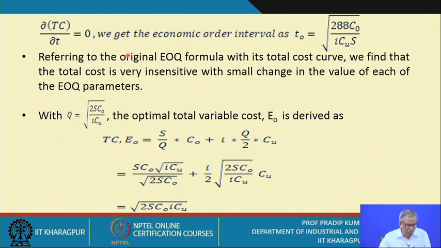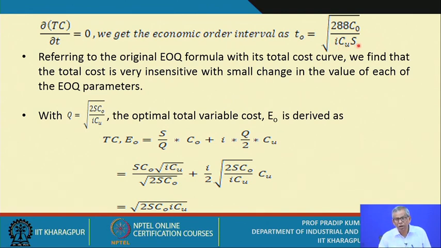Once this expression is known, you try to minimize the total variable cost, and for the minimization condition the partial derivative of TC with respect to T is set to 0, and we get the economic order interval as T0 equals root over 288 CO by I CU S.